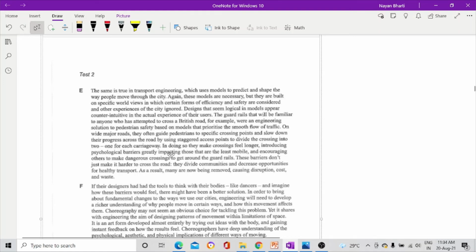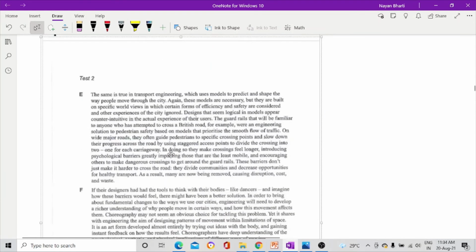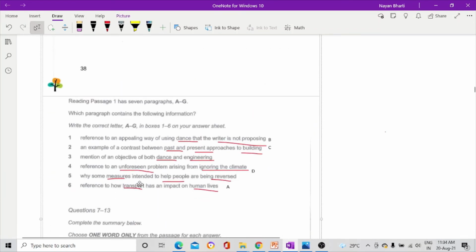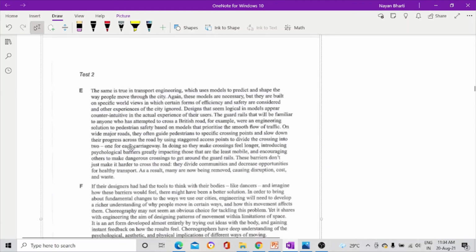Nowhere they have mentioned dance and engineering. Let's see any other question it can strike off. Why some measures intended to help people? Yeah, this. I got it. Why some measures intended to help people are being reversed. Here, if you see, they are saying same is true in transport engineering, which uses models to predict and safe ways. Again, these models, but they are built on a specific world view. Safety considered, designs that seem logical in a model in the actual experience of their users.